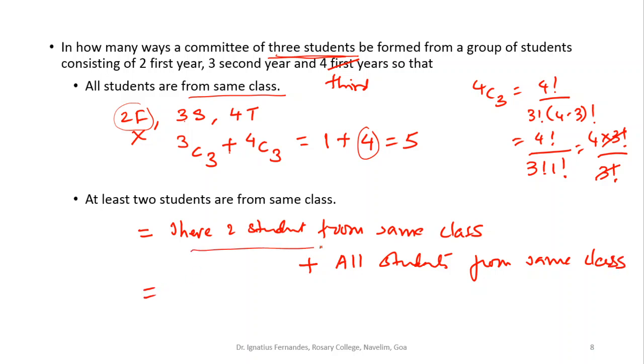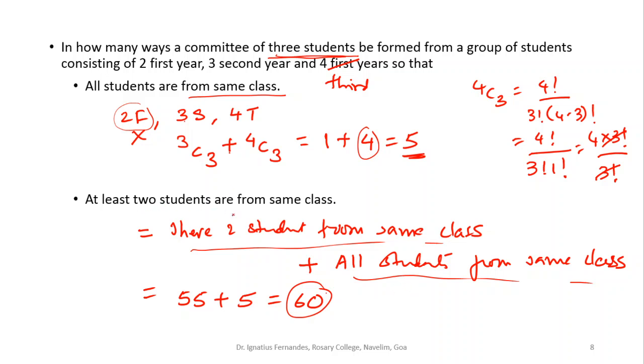Now these 2 we have already individually found out in the previous cases. For 2 students it was 55, plus all 3 students we have already found out 5. So this comes to 60. So there are 60 ways I can form a committee of 3 students so that at least 2 students are from the same class.